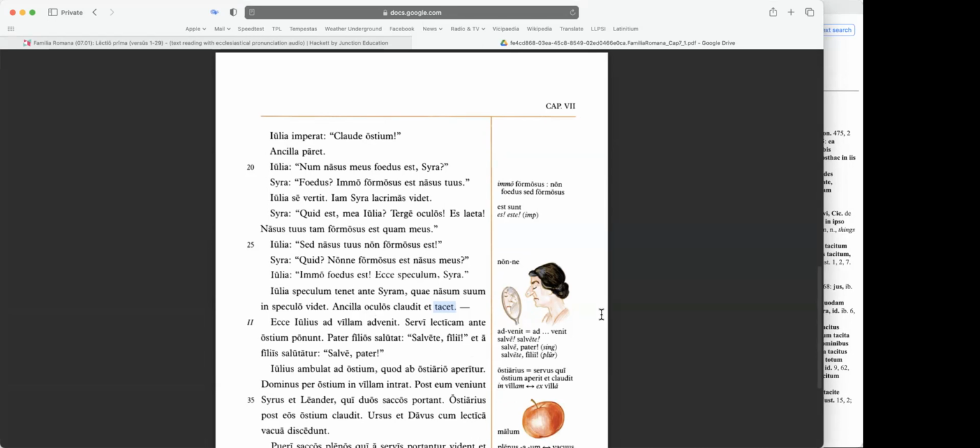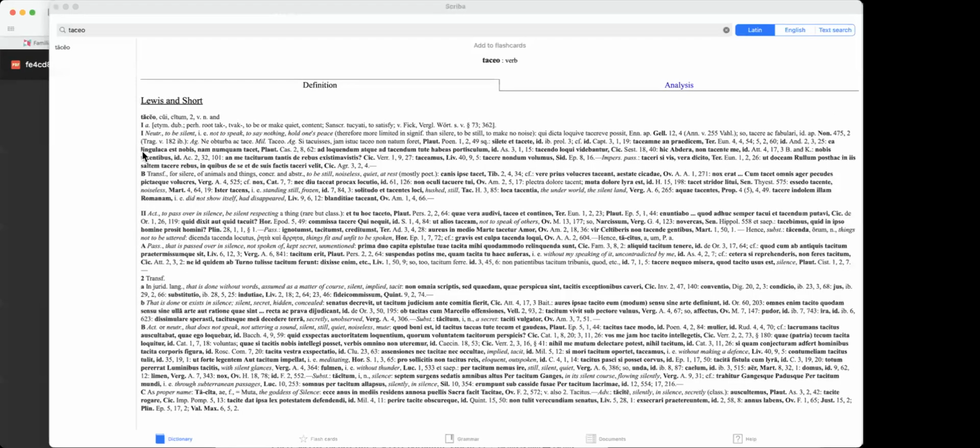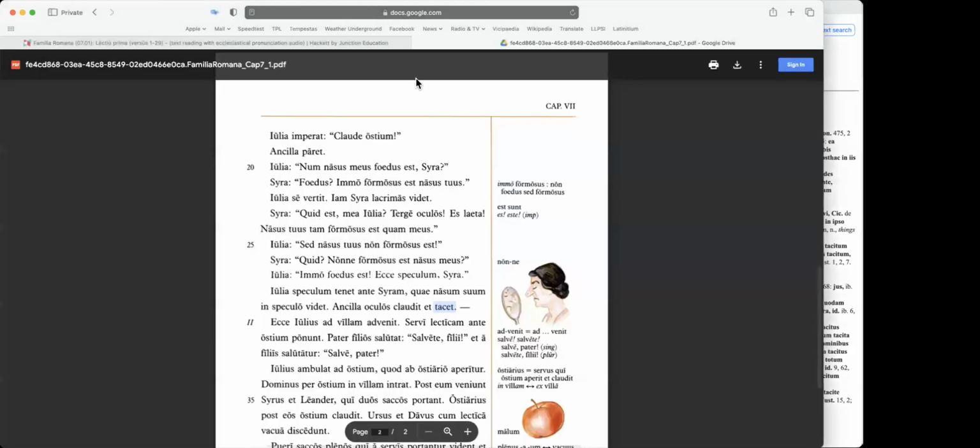I believe it is intransitive. I don't think there's any way you can get a direct object in there. Let's see, "pass in silence" is done with words. I don't see tacite rogare, "ask quietly." Yeah, no, I'm pretty sure it is an intransitive verb.